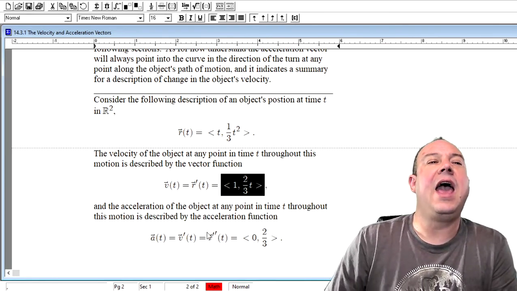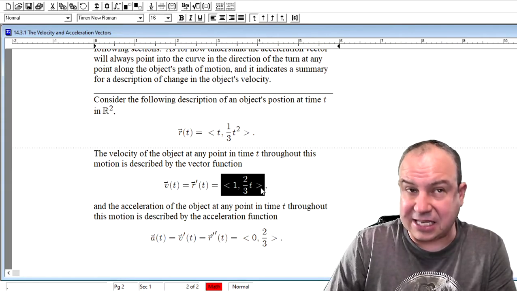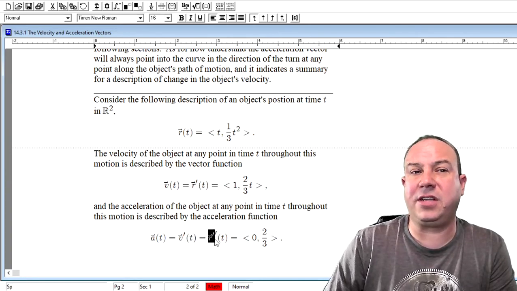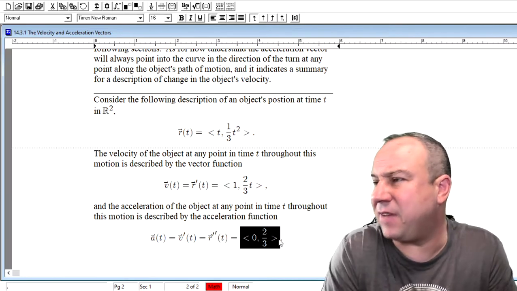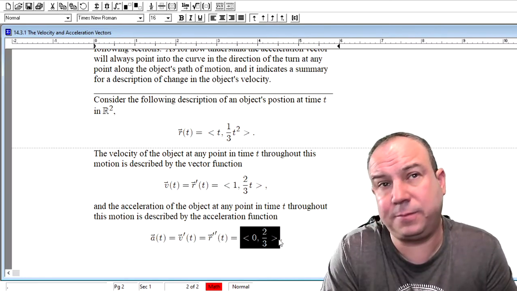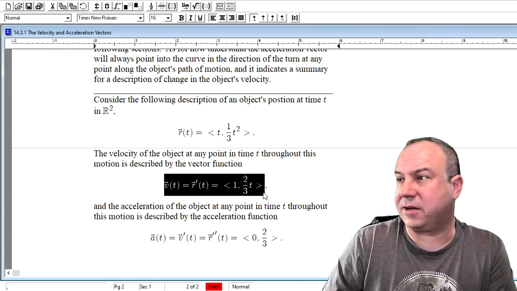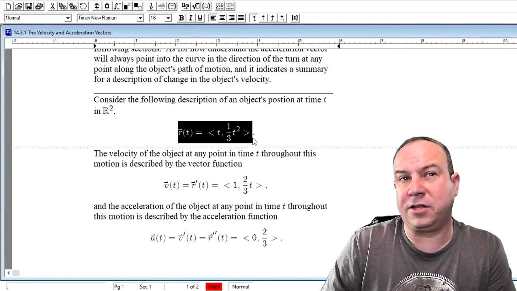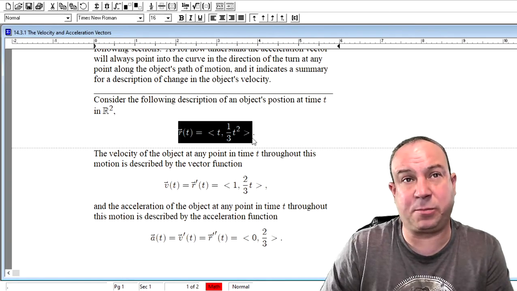And if we take this description of velocity, the first derivative of our position function, and we take its derivative, or the second derivative of our position function, we obtain the constant vector 0, 2/3. Where v of t here is a vector that describes the velocity at any point in time t along this position vector, this vector describing position in space at time t.